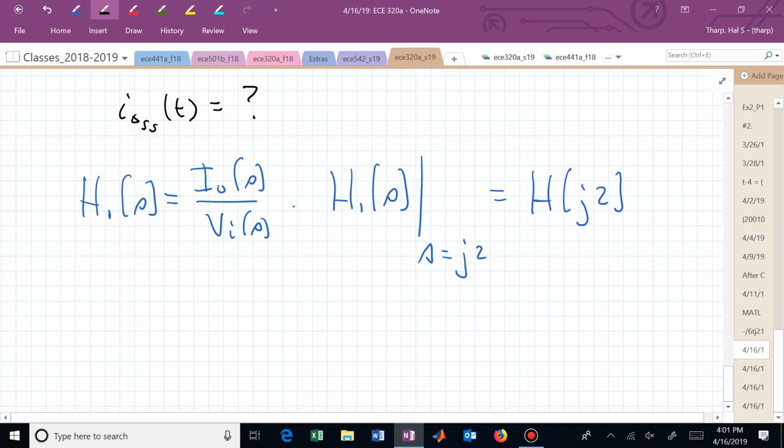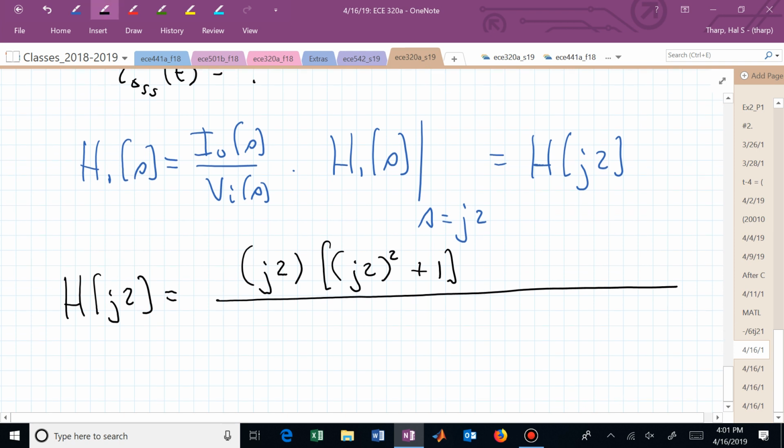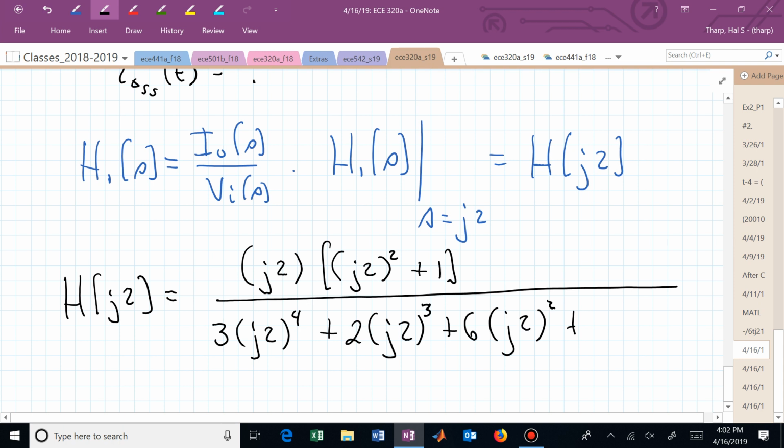We had our h, which now we want to replace s with j2, and we had an s in the numerator, and we had an s squared plus 1. And that was then divided by this fourth order polynomial that was 3 s to the fourth, so there's a j2 to the fourth, plus a 2 j2 or s cubed, plus a 6 j2 squared, plus a 3 j2 plus a 2.